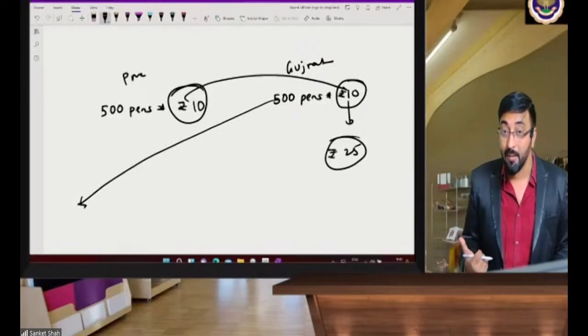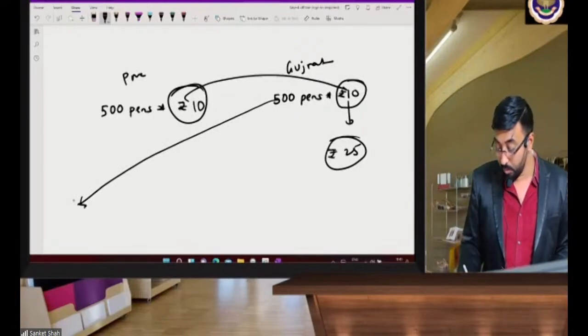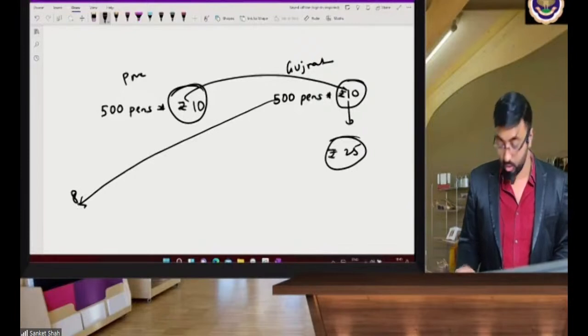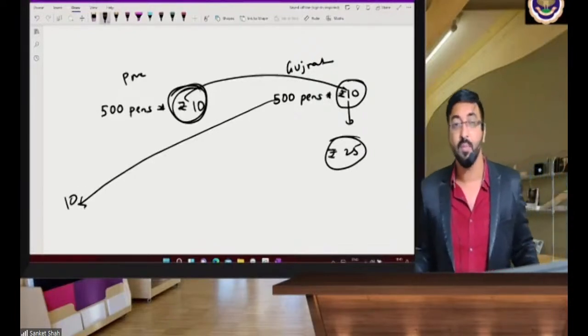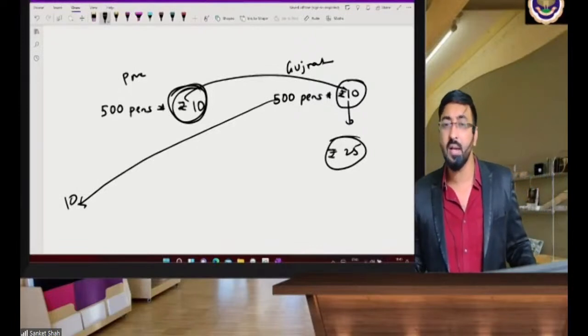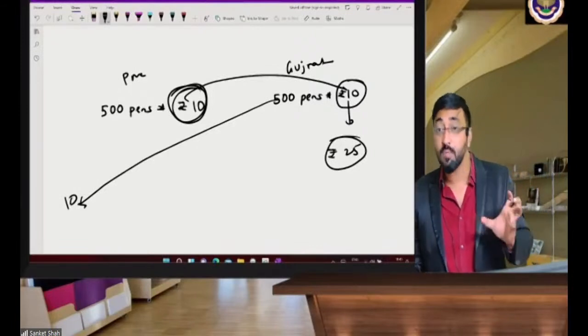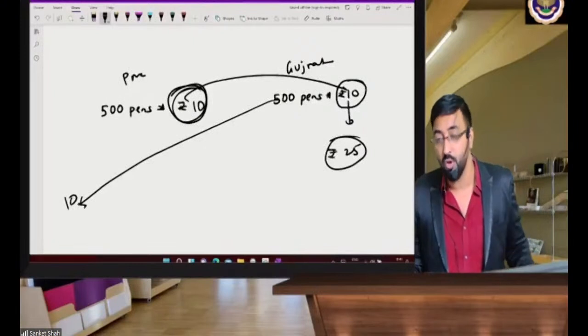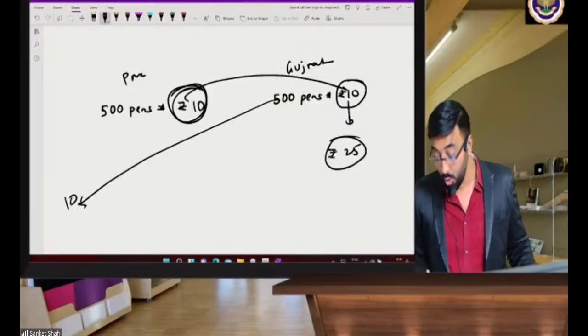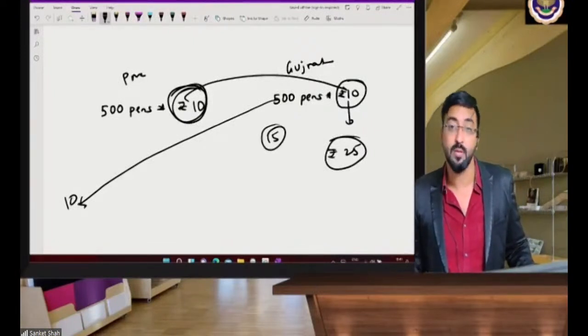Suppose I bought it for 10 rupees and sent it at 10 only. So he knows my cost, and he knows my profit also, 15 rupees.